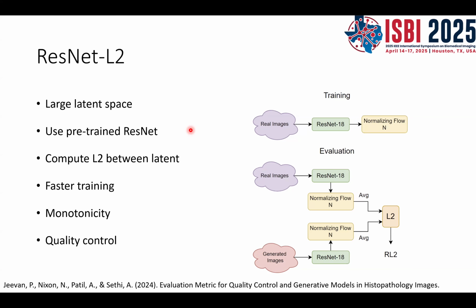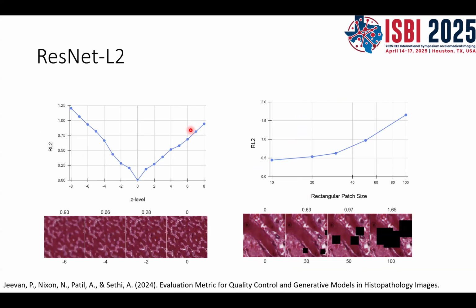And we still found that it remains monotonic, and we tested it on medical data. This was a focus dataset showing different out-of-focus images, where 0 is the most focused image, and if the lens moves plus or minus a particular distance, the image becomes more blurry and degrades.